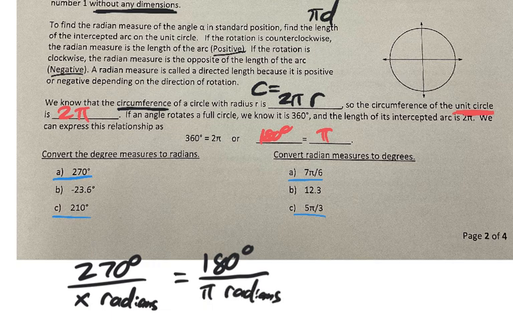So every 90 is going to be 1/2. Yes, so you could do 1.5. If you can get there, that's fine. I'm going to show you the calculation behind it, but you're correct. So if I cross multiply, I've got 180 times x equals 270 times pi.